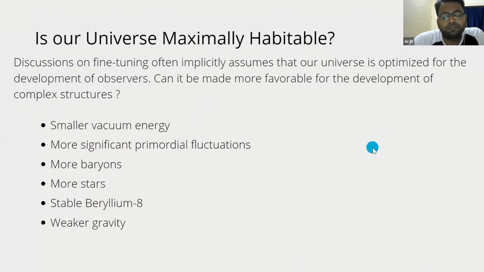And finally, we ask the question: is our universe maximally habitable? Spoiler alert, our universe is not maximally habitable. But as we have suggested in this slide, here is what could be changed in order to end up with a more habitable universe than ours.